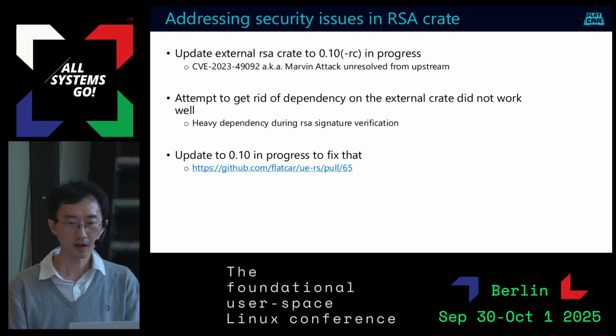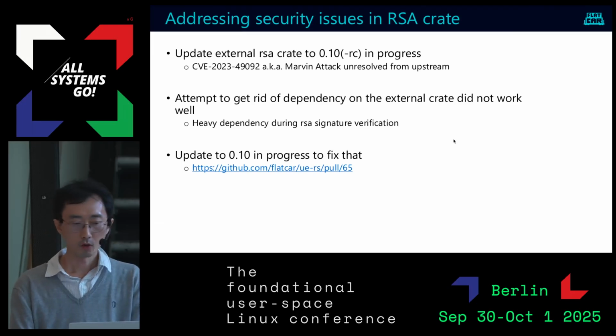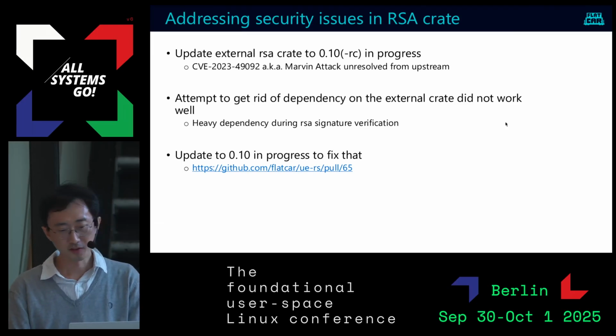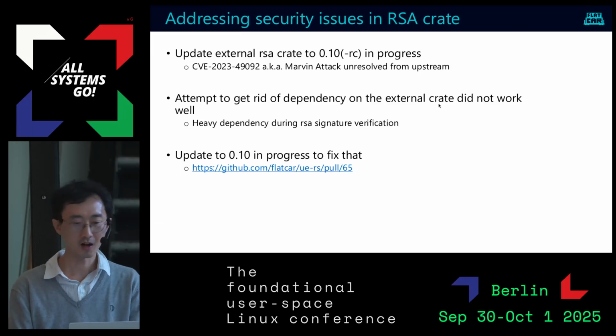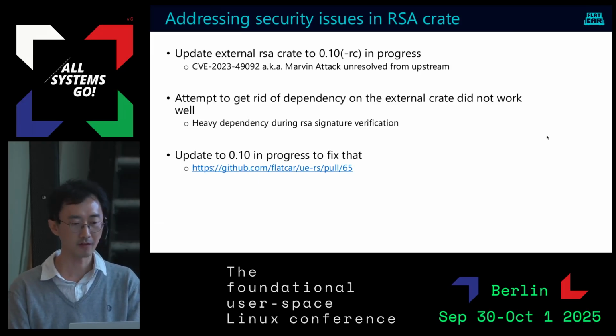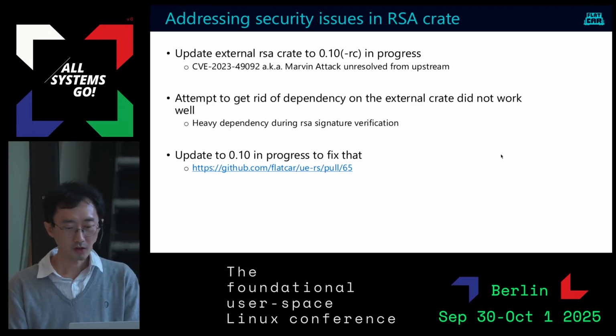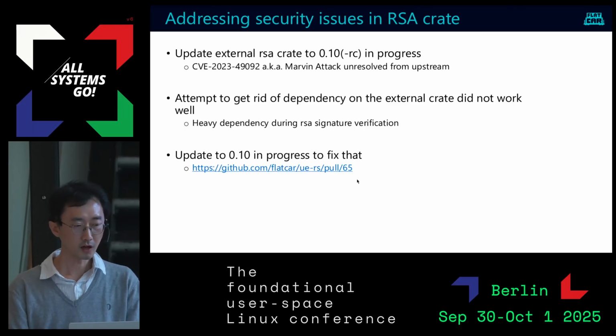It has not been fixed until now. We already tried to get rid of the dependency on the RSA crate, but it did not work well because of the heavy dependency. Meanwhile, the RSA project is trying to get into the final release 0.10 to finally fix that issue, and we are working on that. Hopefully, it will be finished soon.